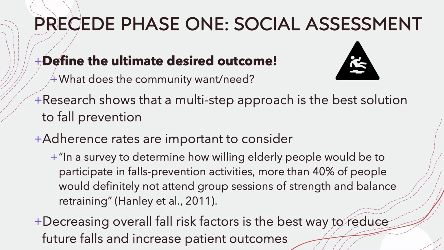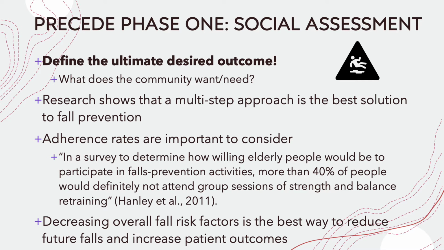Why does this happen? Why are older people more unwilling to go and to do this training and to get these things done? How can we educate these people and help them to improve their outcomes? Are home interventions better than group interventions somewhere else? What is the answer that we are trying to get to here?